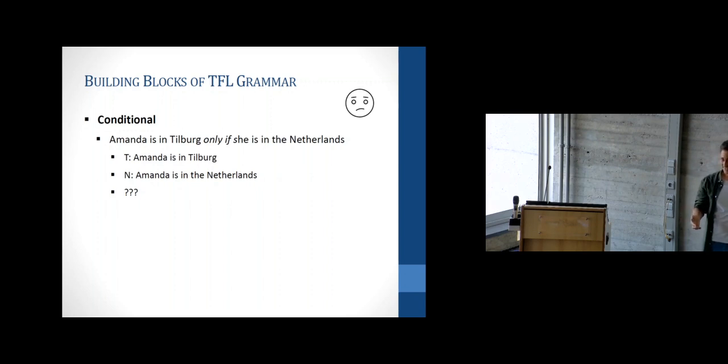We agree? If you're in Tilburg, then the only way to be in Tilburg is being in the Netherlands. If there's one Tilburg. Of course, the one and only. Okay, so let's say we want to formalize this sentence and we have these two options. These are the only two options.